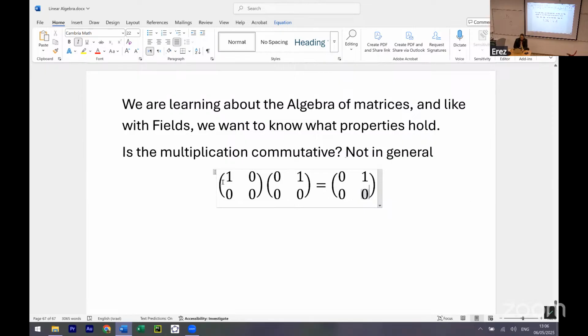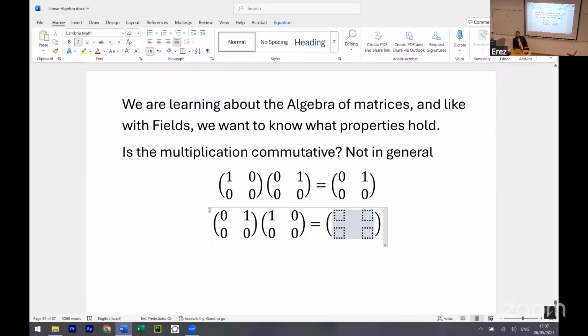Now, let's flip the order and see what we get. First row is 0, 1. We multiply it by 1, 0.